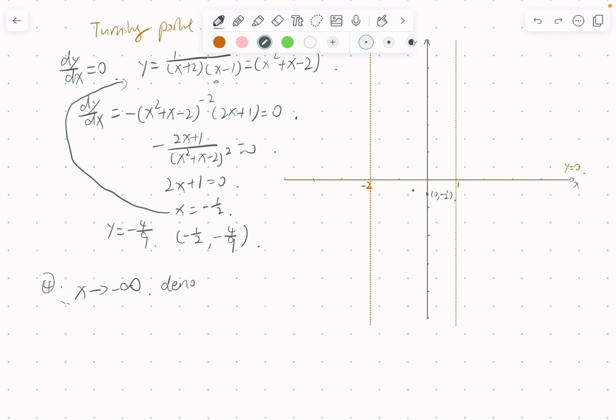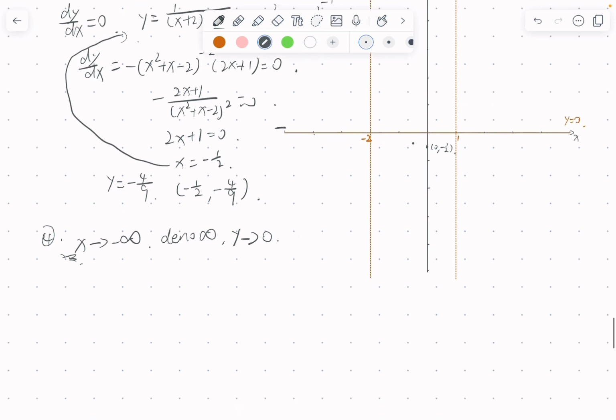Here, as x approaches negative infinity, the denominator will be positive infinity, which means the original function y will approach 0. It's positive, so the beginning point is shown like this.